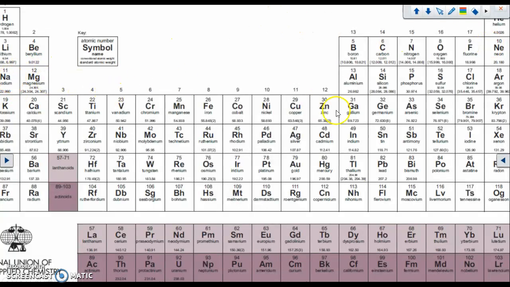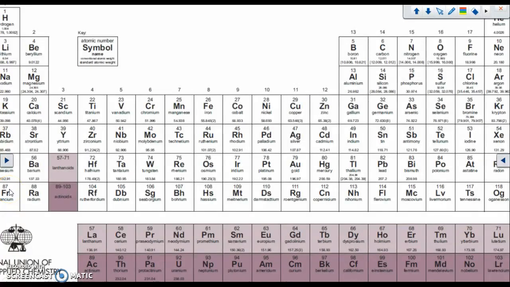So between sodium and argon, again, just remember that as you go left, you have a bigger atomic radius. Sodium will have a bigger atomic radius, and argon will have a smaller atomic radius. It's the same as you go down. Okay, so if you go down, lithium will have a smaller atomic radius than francium.